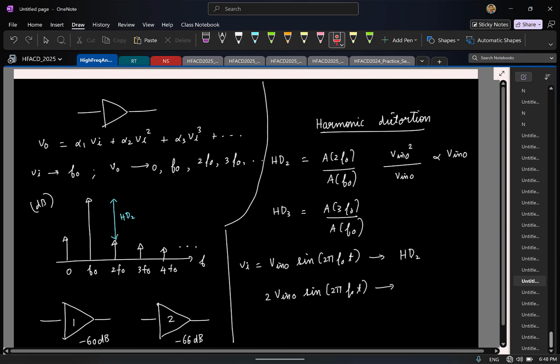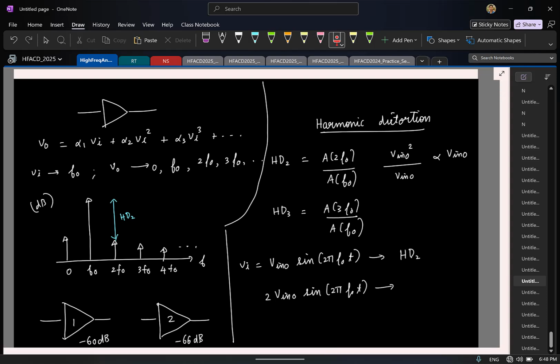But typically, oh yeah, you're absolutely correct, because you're saying sine cube x has a sine x component, right? Yes, sine cube x also has sine x component, I agree, but typically that's going to be much smaller. The assumption is alpha 1 is greater than alpha 2 greater than alpha 3, right? Remember you are going to make an amplifier.